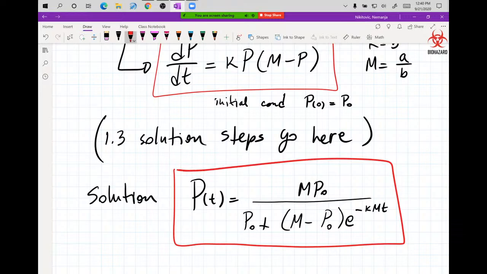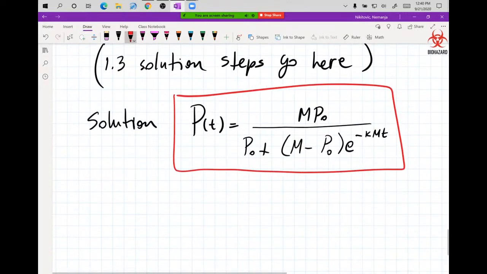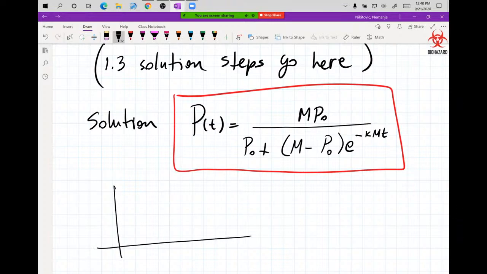And what you find there is that the graph for that equation looks like this. No matter where you start, let's say you start at the initial population here, let me first put in this carrying capacity M. And then your population is going to exponentially grow, and then it's just going to flatten out in time.